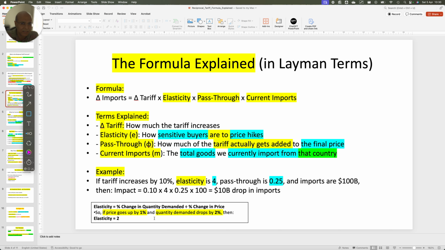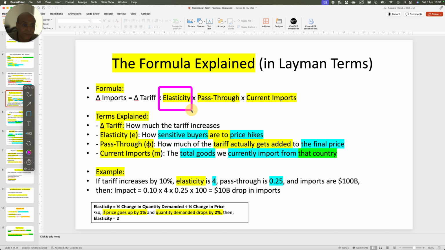The price goes up by 1%, but the demand drops by 4%. So this is called elasticity. You understand? So the percentage decrease in demand divided by the percentage price increase.